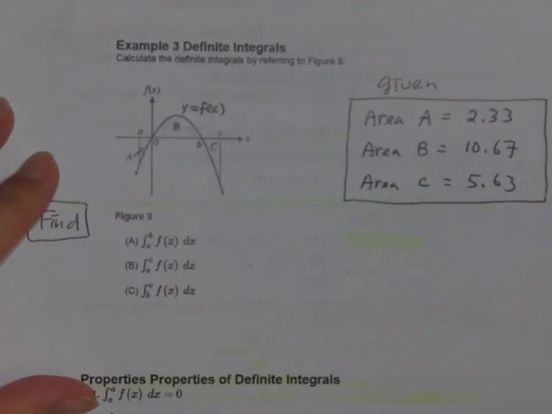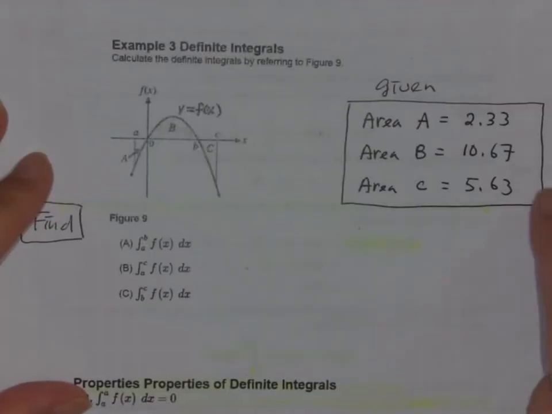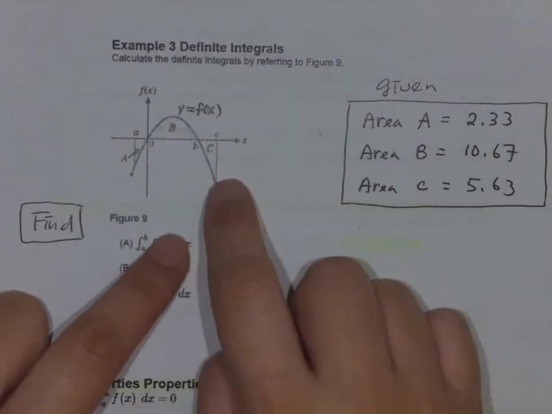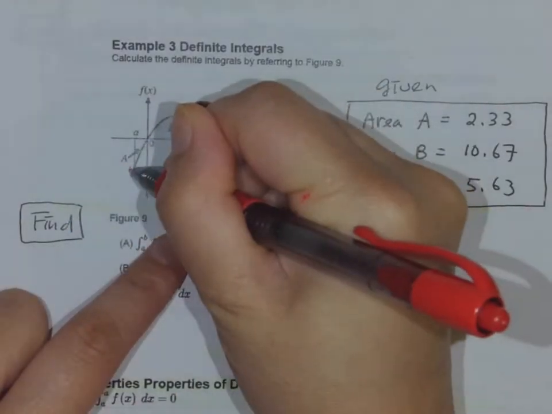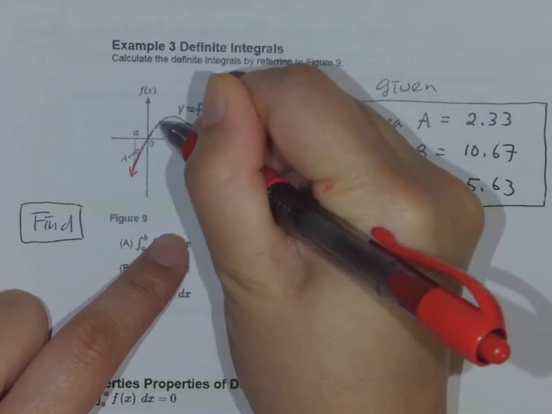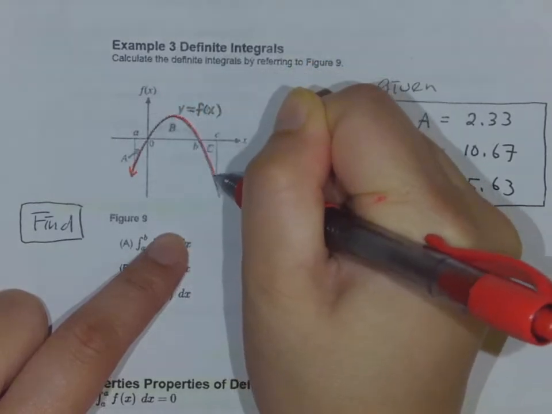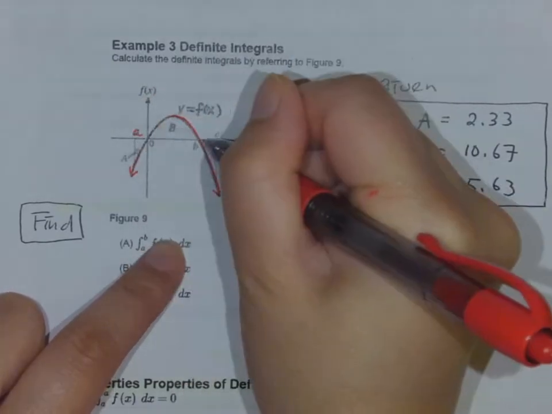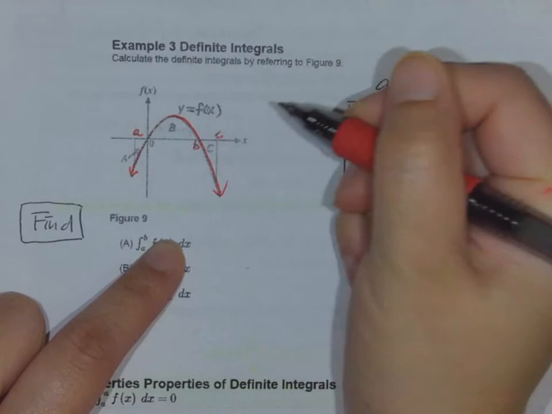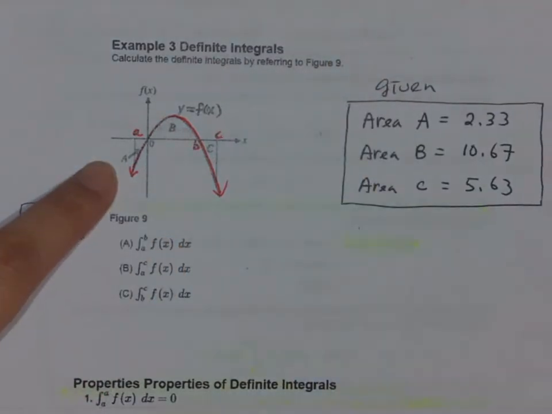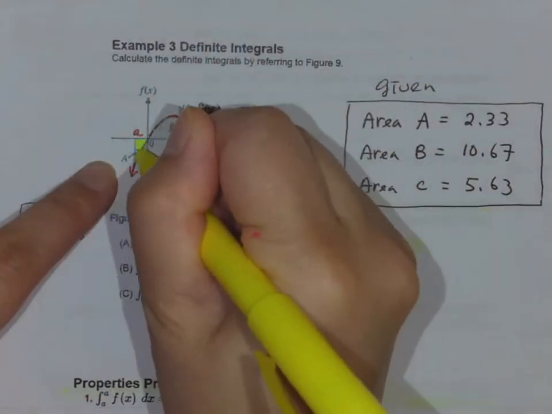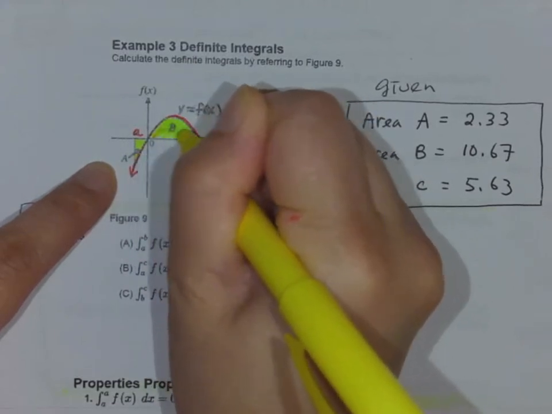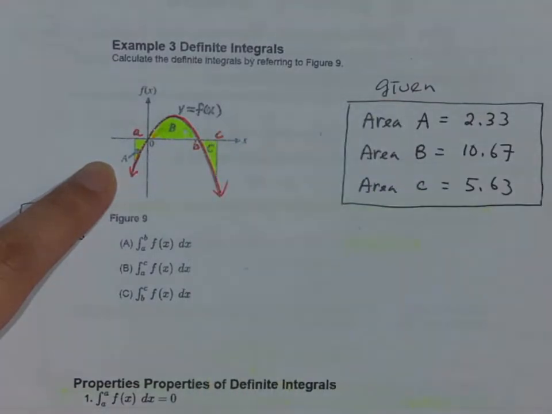We are doing definite integrals, and they give you the area for these little regions A, B, and C. We are looking at the curve, which is an upside down parabola, like this, and between A and B and C here, they categorize those areas. This is your capital A, this part is your capital B, and this part is your capital C.